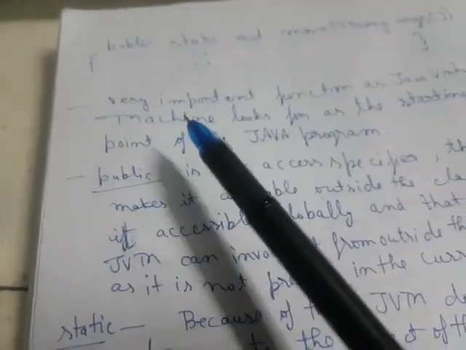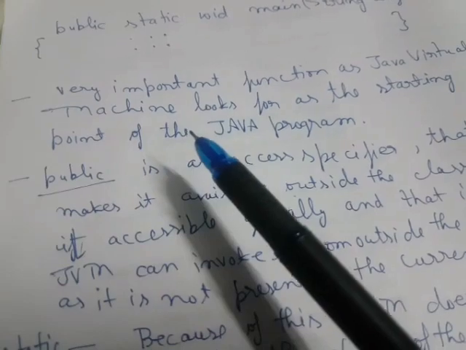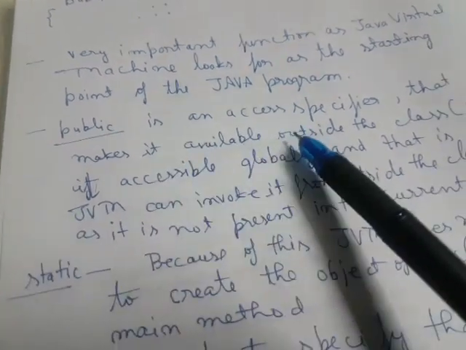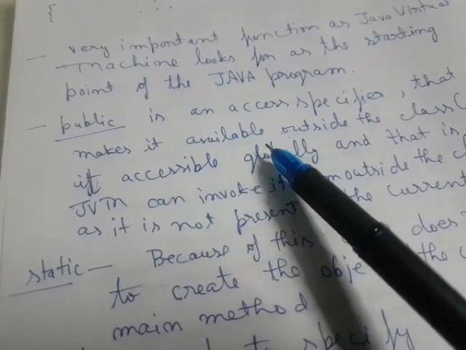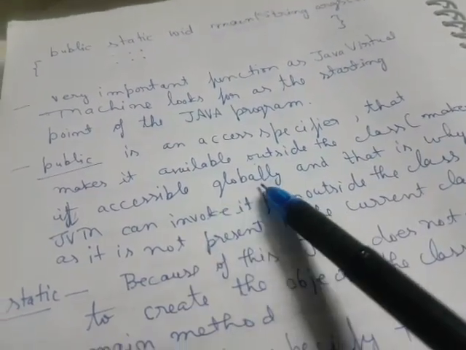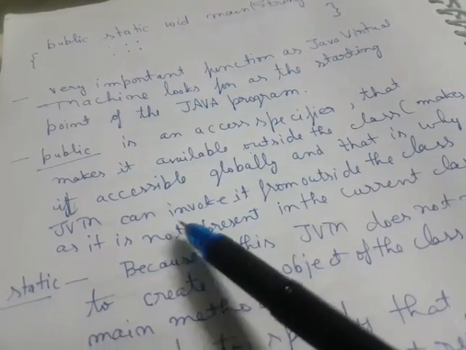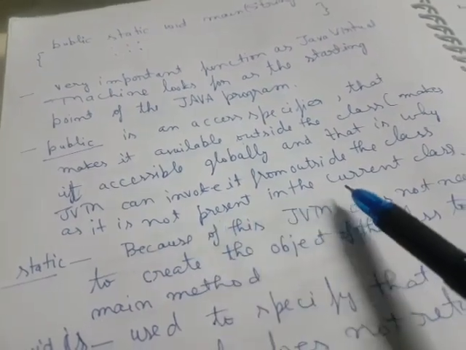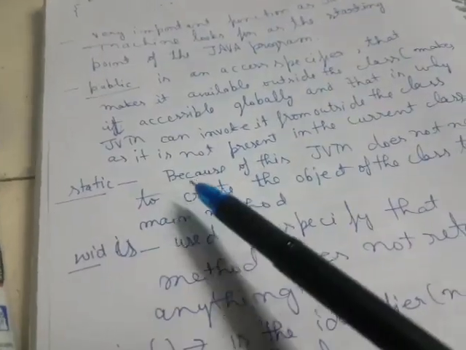Main is a very important function, as the Java virtual machine looks for it as the starting point of the Java program. Public is an access specifier that makes it accessible globally, and that is why the JVM can invoke it from outside the class, as it is not present in the current class. Then static is there.